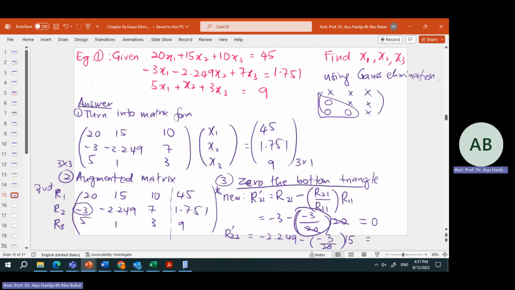Then calculate. Alif, what you get? The new R22. Aisha? Right. 0.001. That is the correct answer.